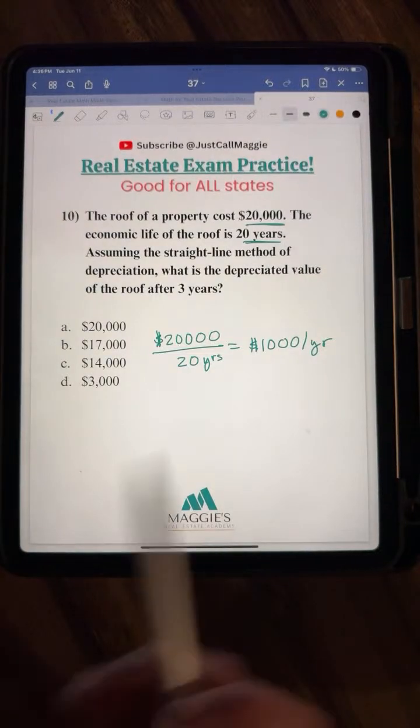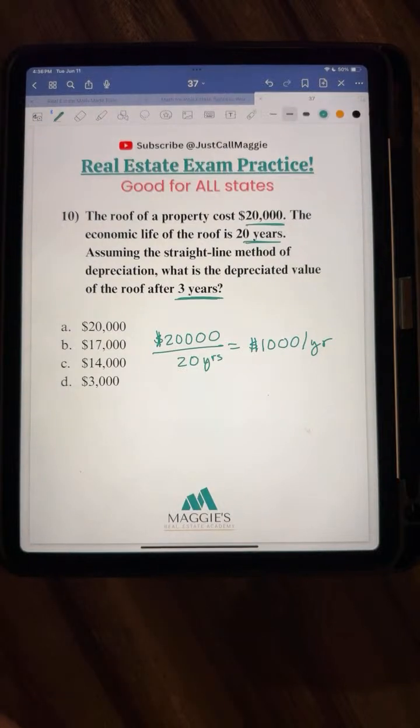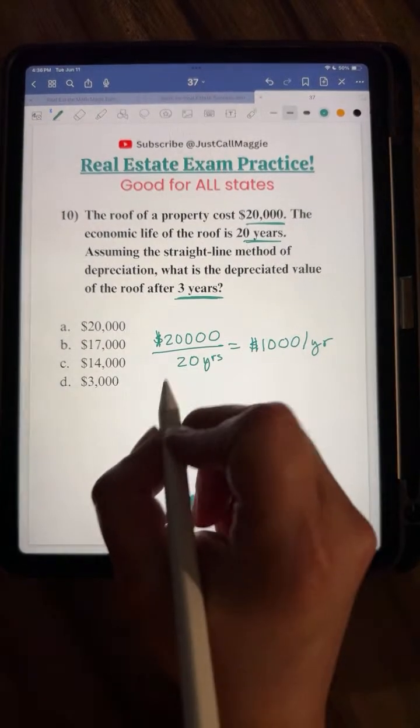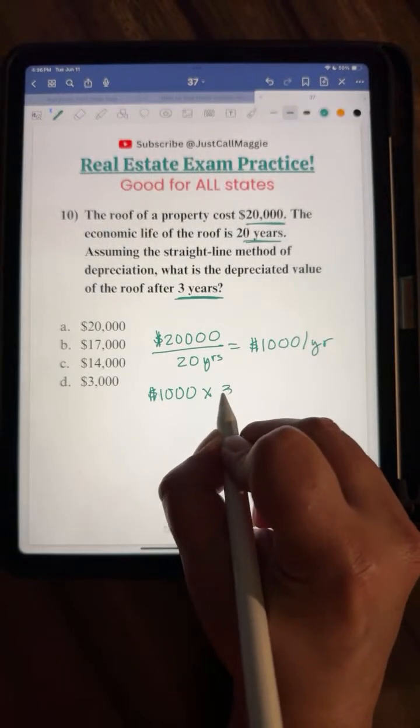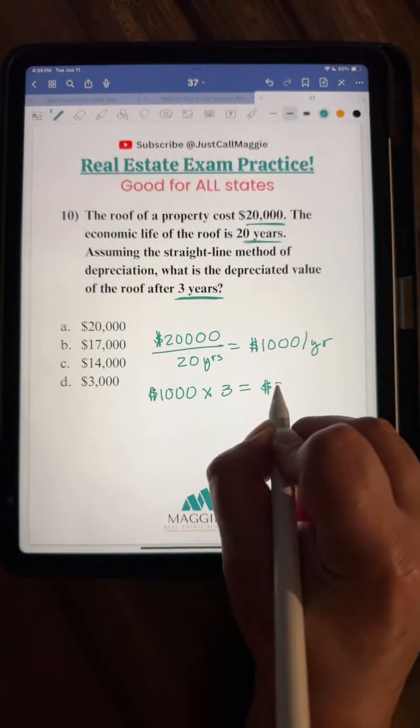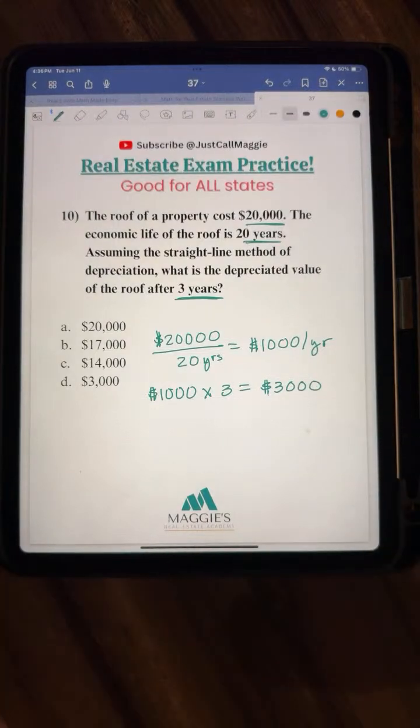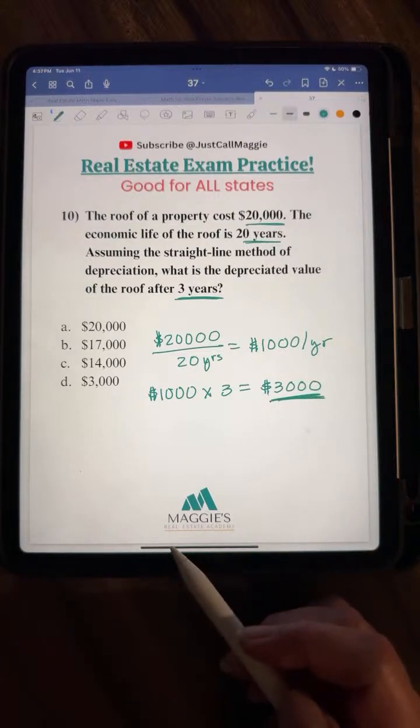And now it's 3 years. So I'm going to say $1,000 times 3 years. So that means it's depreciated $3,000. But they want to know its depreciated value. Okay, this is just how much it was depreciated.